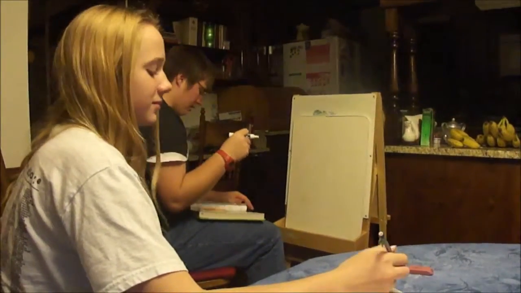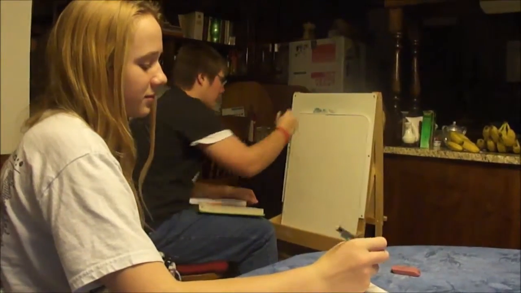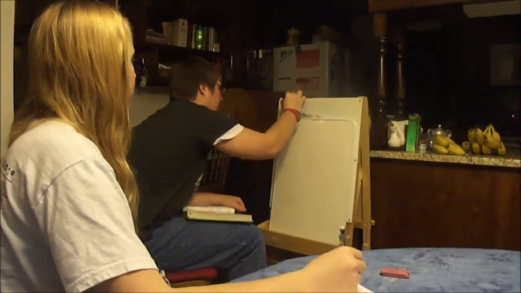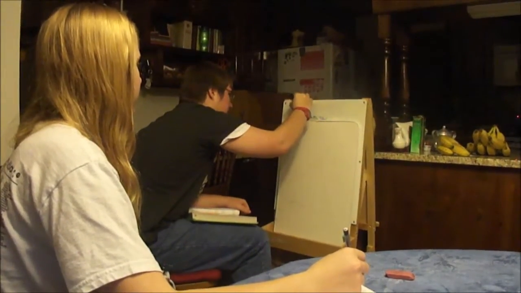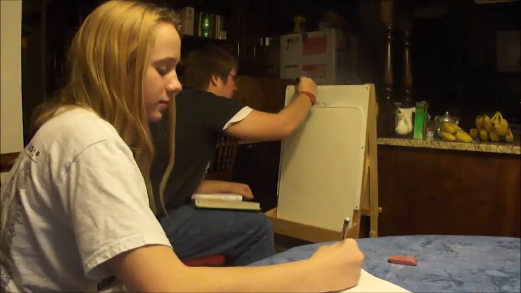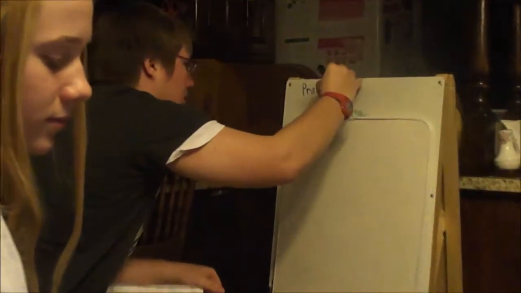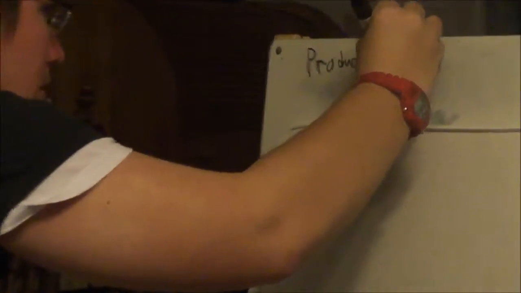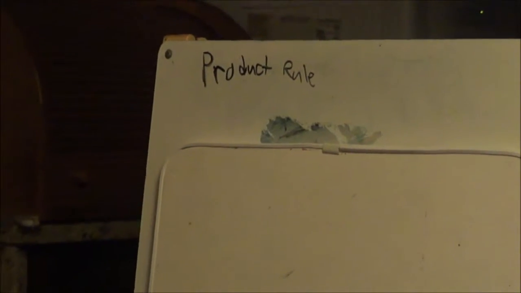Okay, now we're going to learn about the product rule. And the product rule is where you're finding the derivative of two functions that are being multiplied to each other.